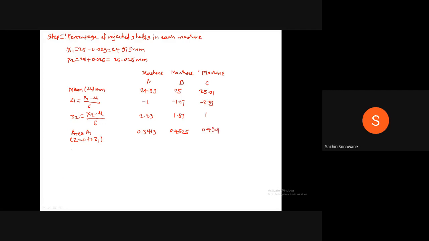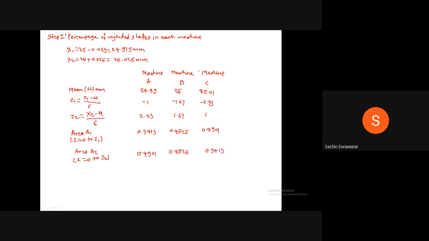Now area A2, Z is equal to 0 to Z2. Therefore 0.4901, 0.4525, 0.3413.